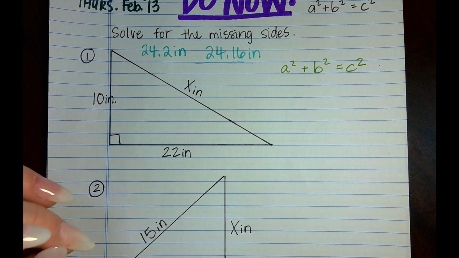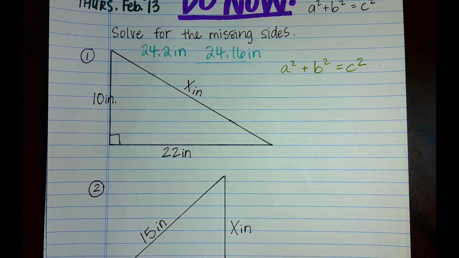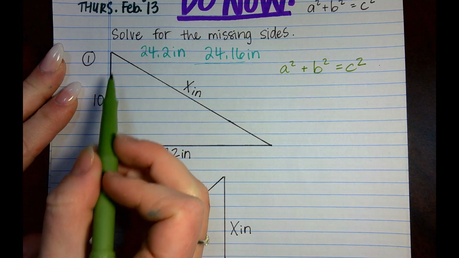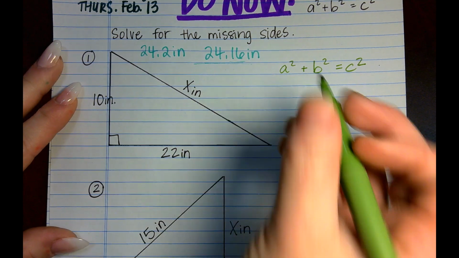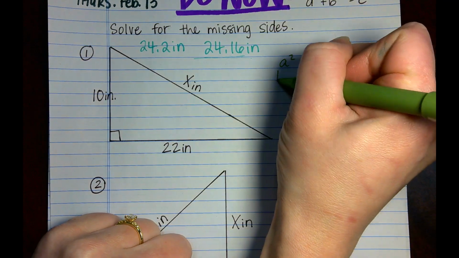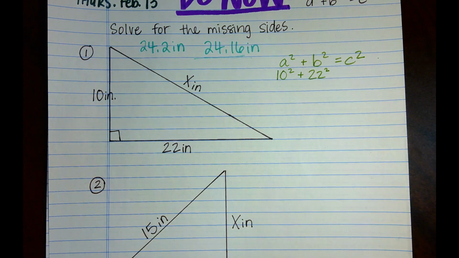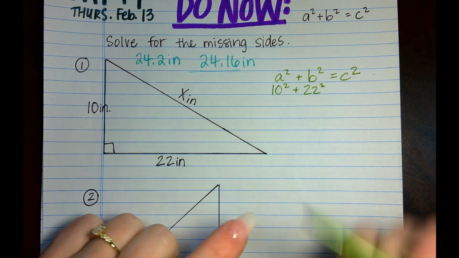For A and B, no, it doesn't matter. You can make those either of the 2 sides creating the 90-degree angle. So I could do 10 squared plus 22 squared, or I could do 22 squared plus 10 squared. I'll get the same answer.